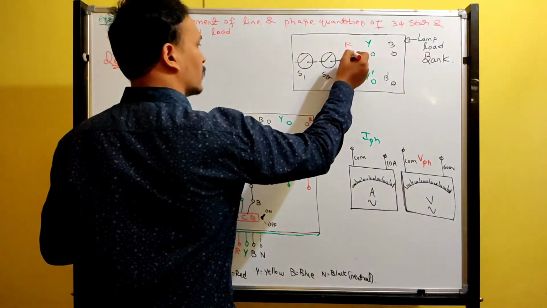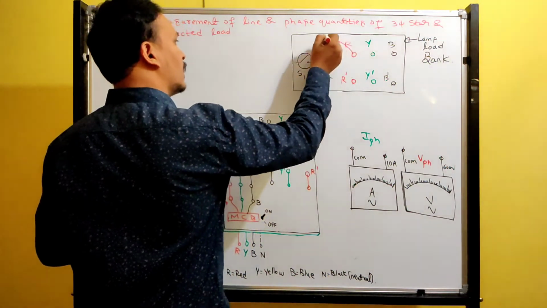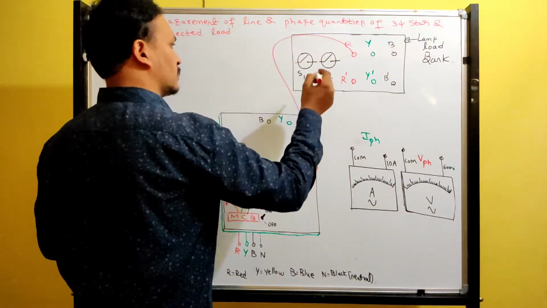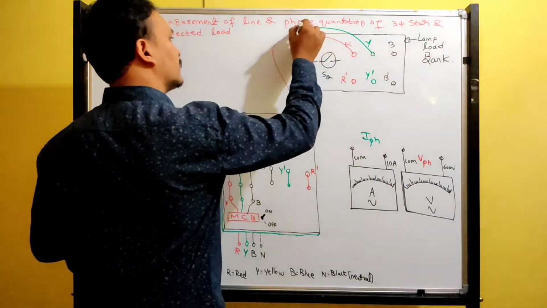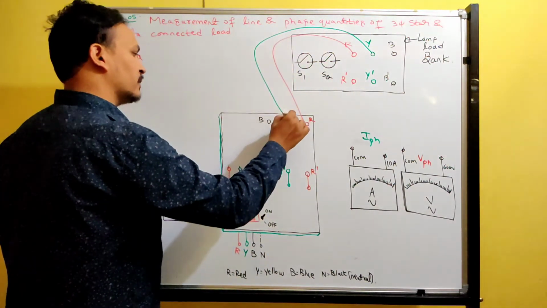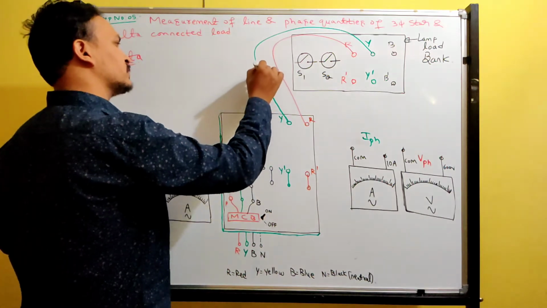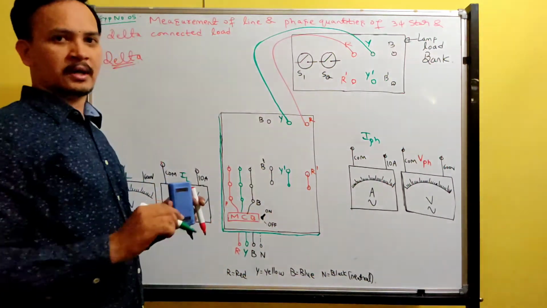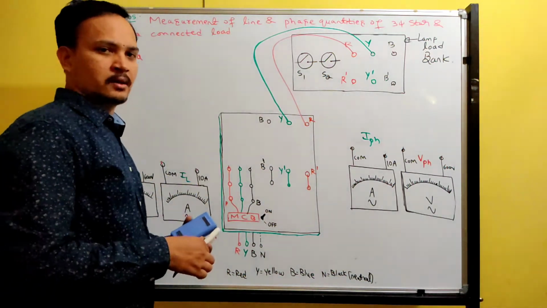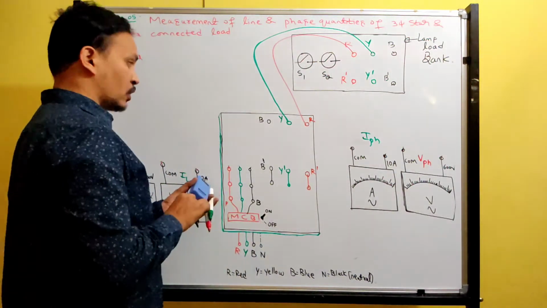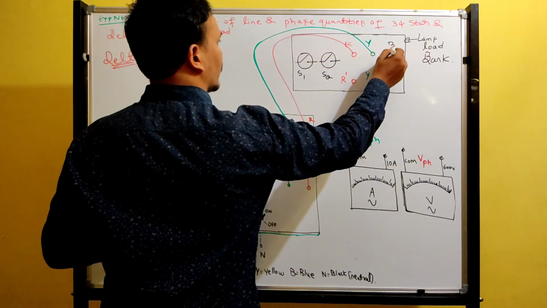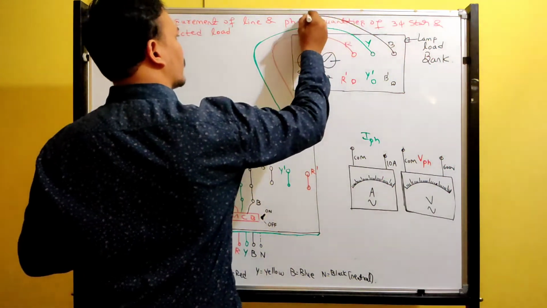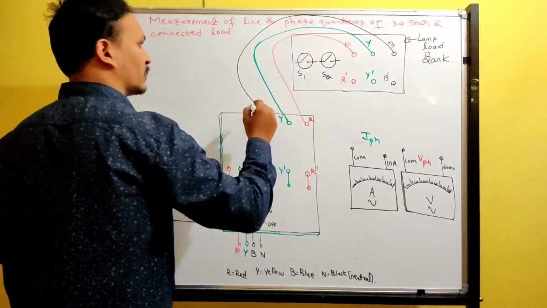So R is connected to R, and Y is connected to Y. Listen carefully. The first time you watch this video, watch without writing anything. Later you can play it once again and then copy down in your book. So it saves your time. Otherwise, you have to write n number of times without understanding.